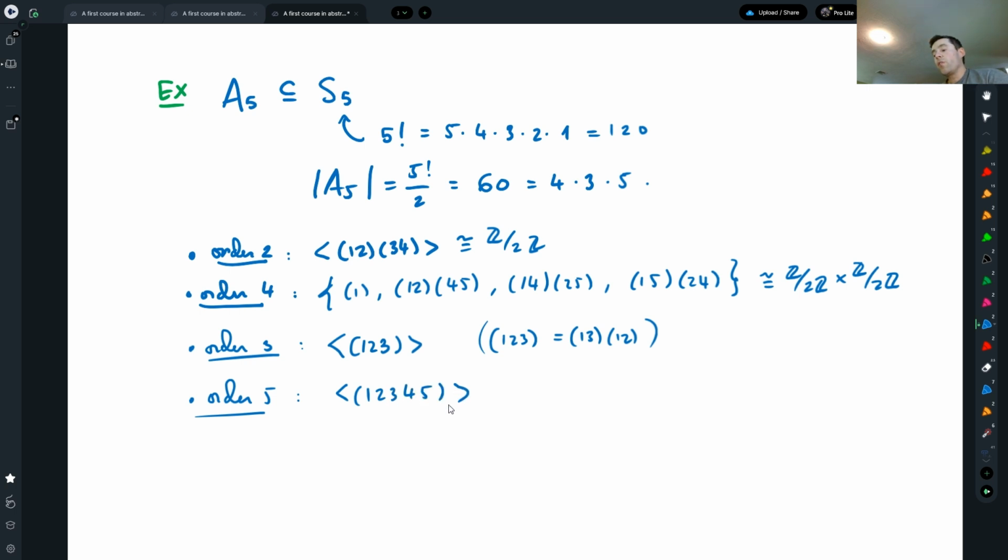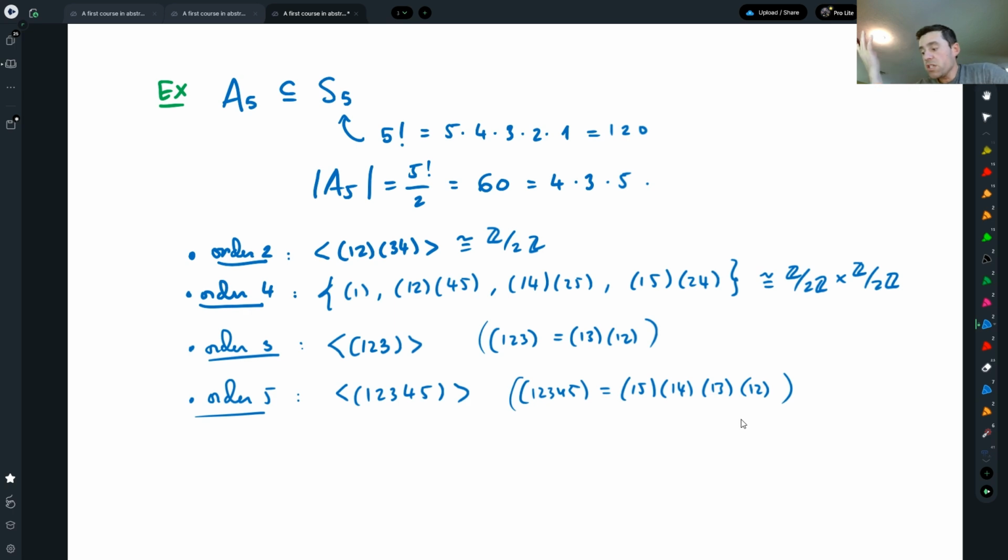That is an element of order 5, so the subgroup generated by it has order 5. And again, notice that (1 2 3 4 5) is in A5 because it is (1 5)(1 4)(1 3)(1 2), so it has an expression as a product of an even number of transpositions. So these are all the subgroups that the first Sylow theorem tells me exist.